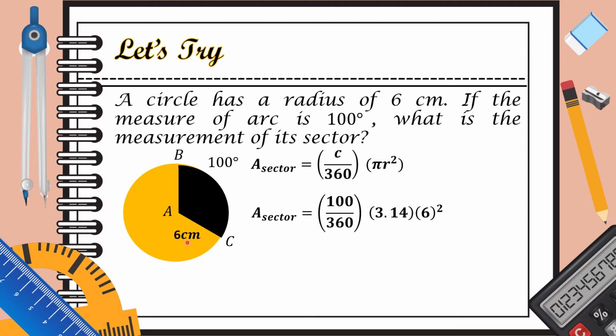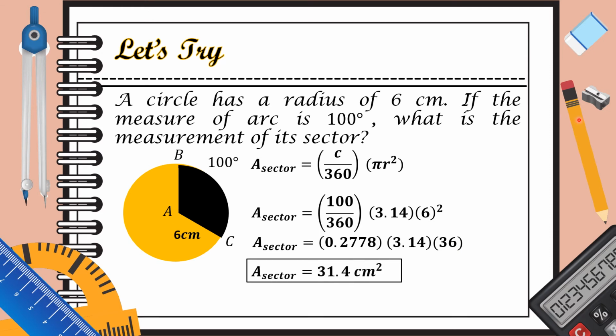Yung radius natin is 6 cm squared. Then i-squared natin ang 6, then i-divide natin yung 100 divided by 360. So it will be 0.2778 times 3.14 times 36. So that is equal to 31.4 square centimeters.